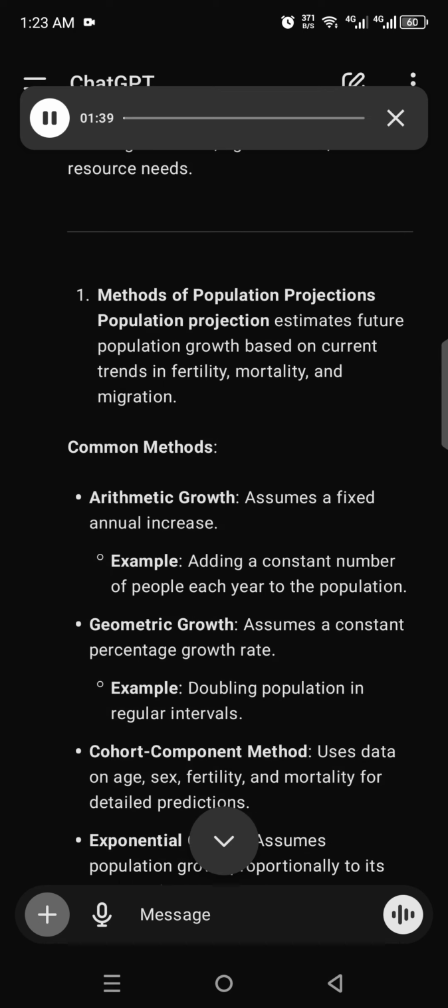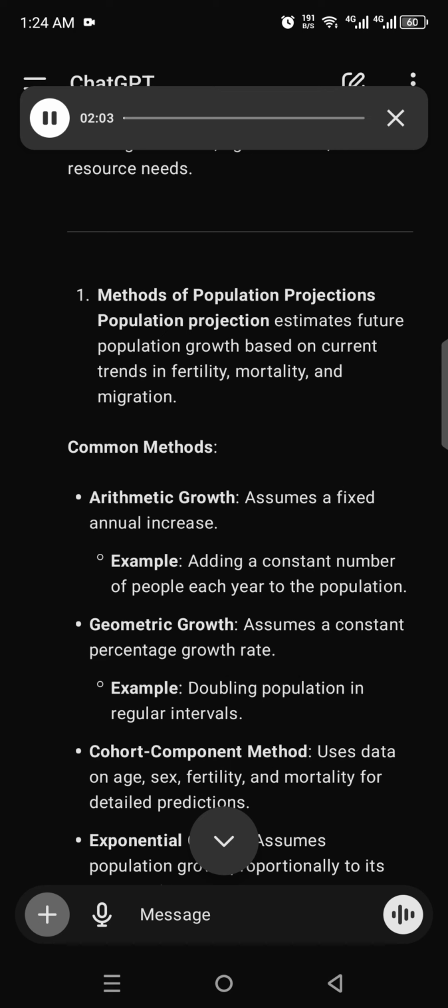13. Methods of population projections. Population projection estimates future population growth based on current trends in fertility, mortality, and migration. Common methods: arithmetic growth assumes a fixed annual increase. Example, adding a constant number of people each year to the population. Geometric growth assumes a constant percentage growth rate.